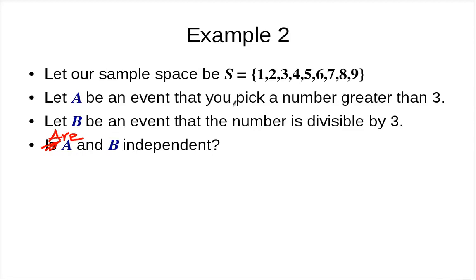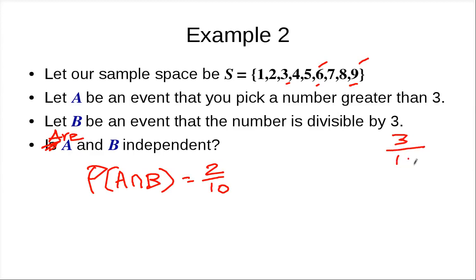All right, so what's the probability of A intersection B? Pick a number greater than 3 and also divisible by 3. So 6 and 9, right? So it's 2 over 10. B is divisible by 3: 1, 2, 3, so it's 3 over 10.